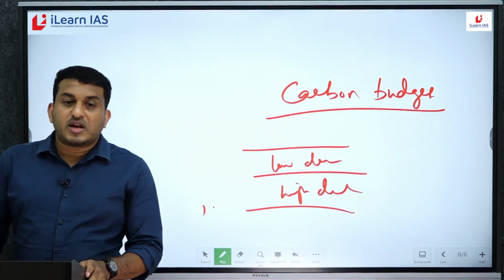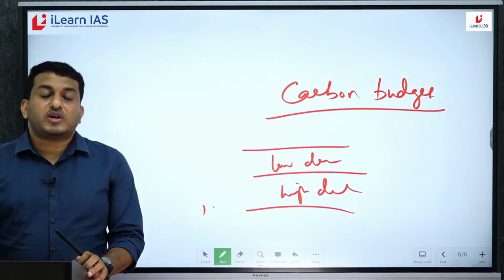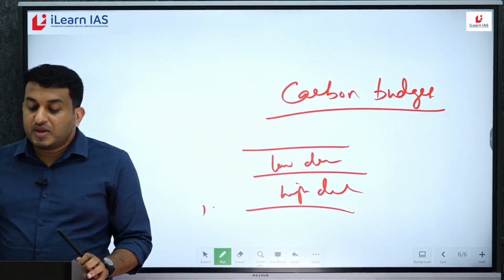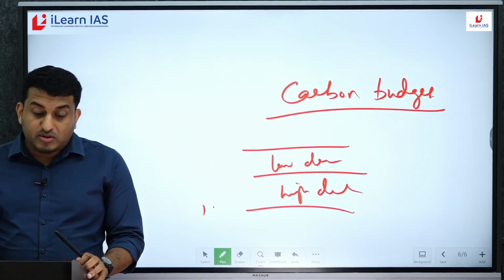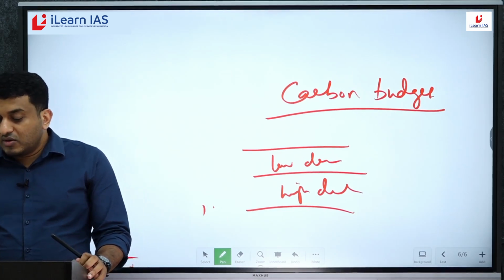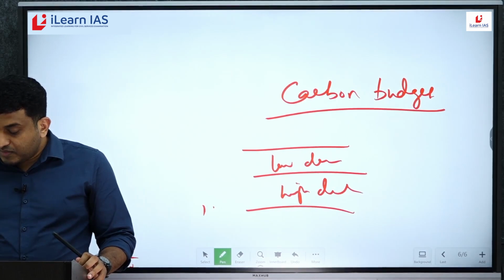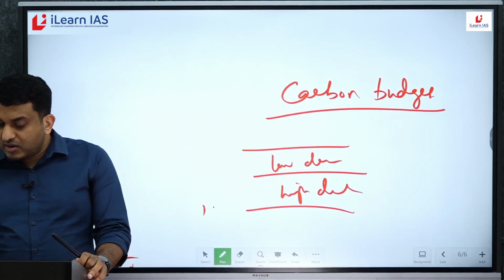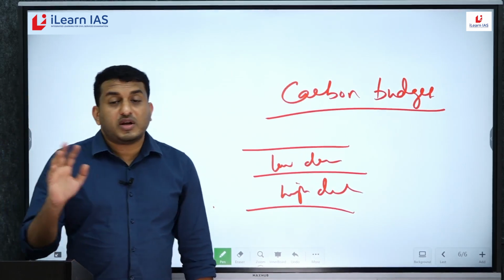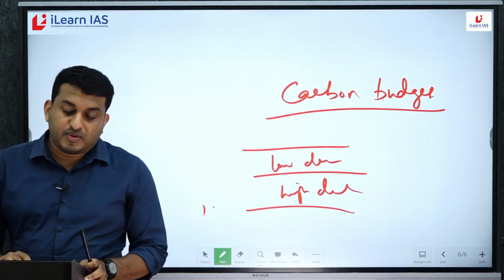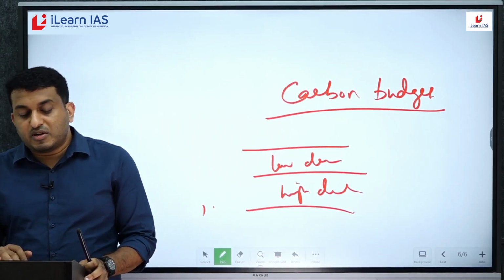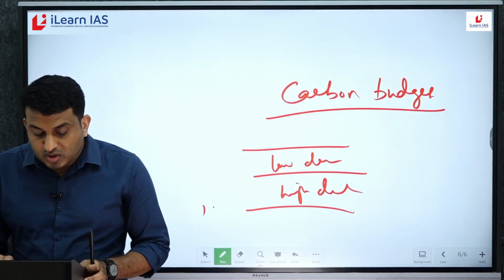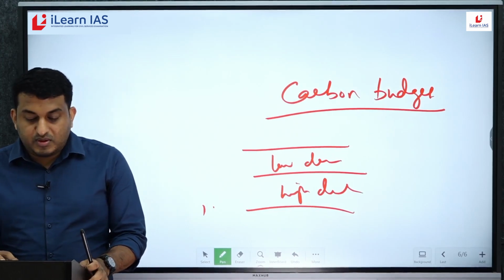Getting it? So these are some of the important findings which have been given in the 6th assessment report published by Working Group 1. Getting it?